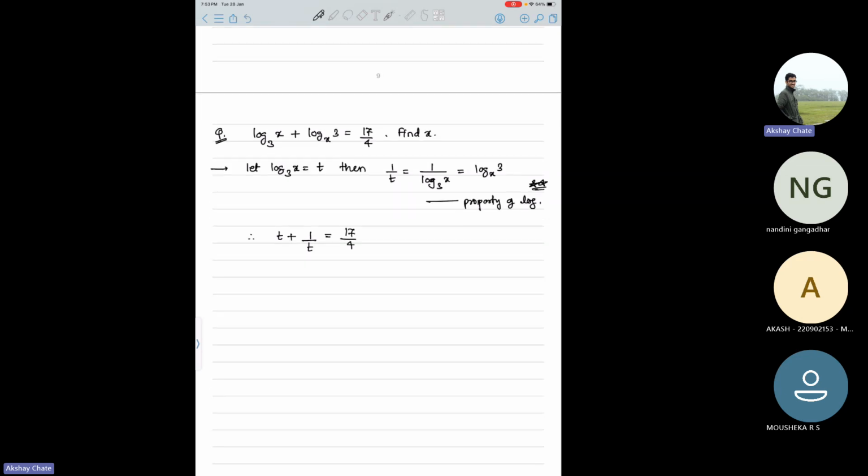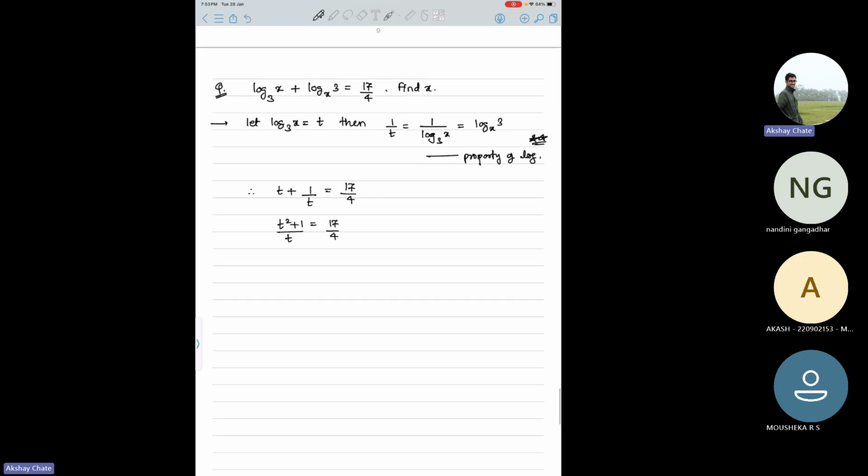So here it becomes t squared plus 1, divided by t, equal to 17 by 4. Then you just do the cross multiplication. You have 4t squared minus 17t plus 4 equal to 0. Then you need to find t, which is 17 plus or minus the square root of b squared minus 4ac, so 289 minus 64, divided by 2a, which is 8.